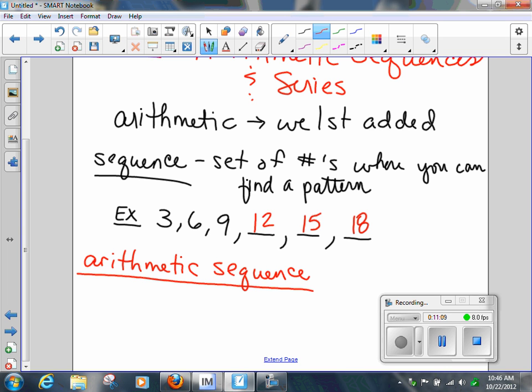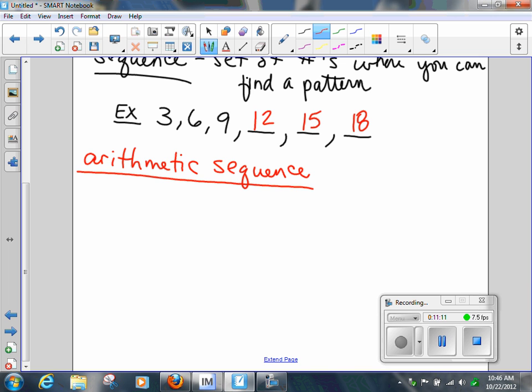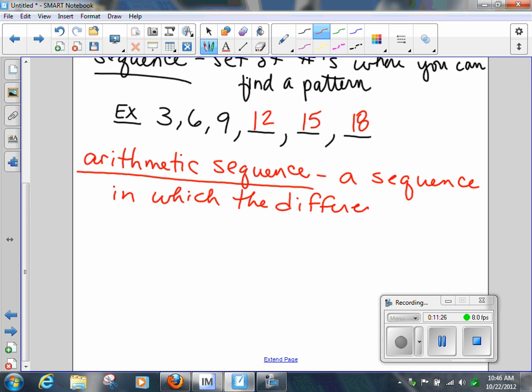Okay, so it's a sequence in which the difference between any two consecutive numbers is the same.